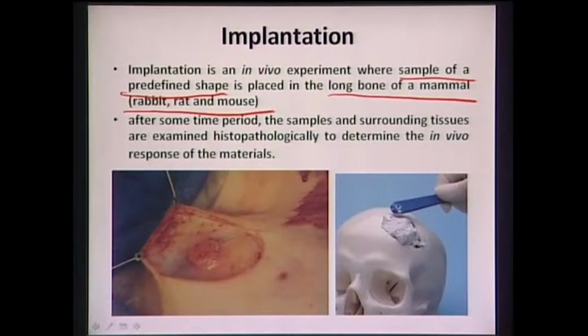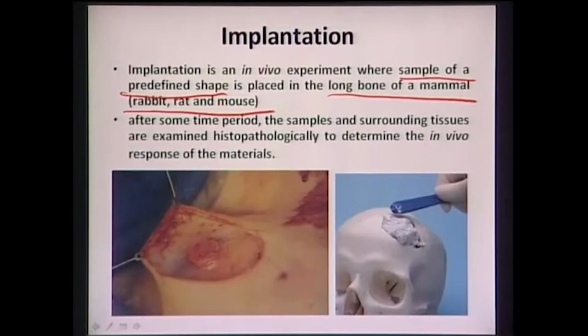If you develop a material for bone replacement or load bearing bone replacement implants, then the first thing you should do is the implantation test in rabbit, not in a small animal like rat or mouse, because their bones are not as strong as those of an intermediate animal model like rabbit. The effectiveness of this material as a load bearing implant cannot be assessed scientifically if you use the rat or mouse model. So, selection of the particular animal model is important in the in vivo test.